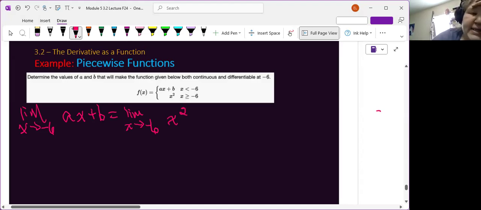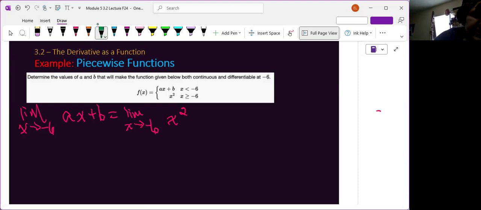So if we plug in the -6 for x now, this will be a times -6 plus b equals -6 squared.